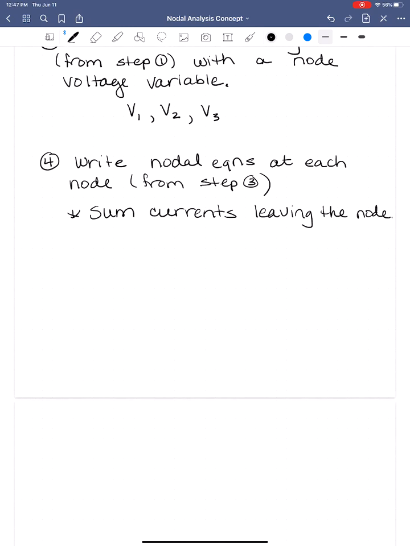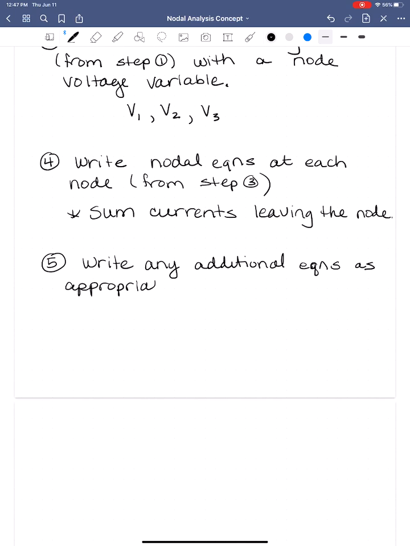Then step 5, we will write any additional equations as appropriate. Most of the time we won't have any additional equations. Then we will simplify all of our expressions and solve.